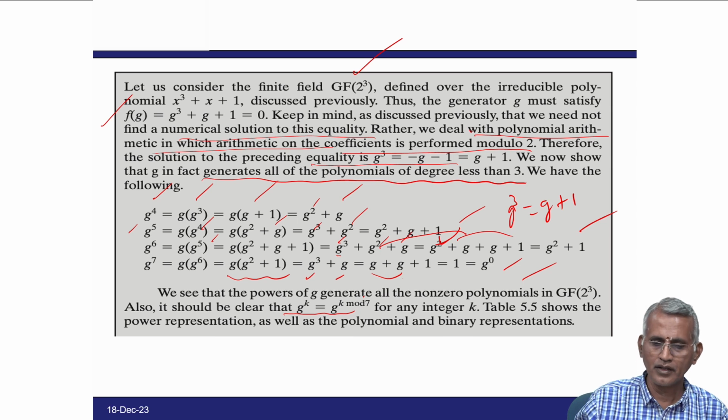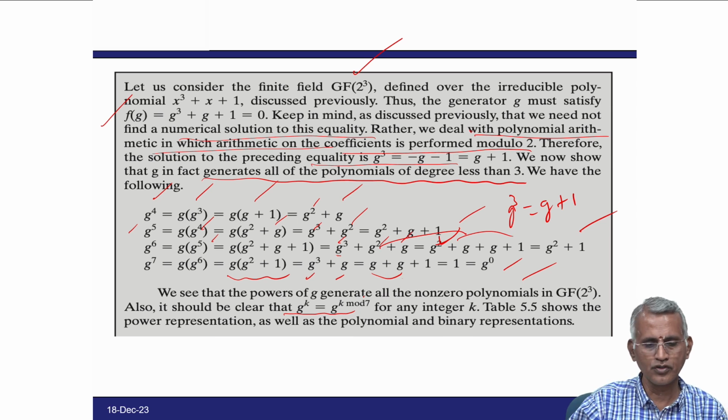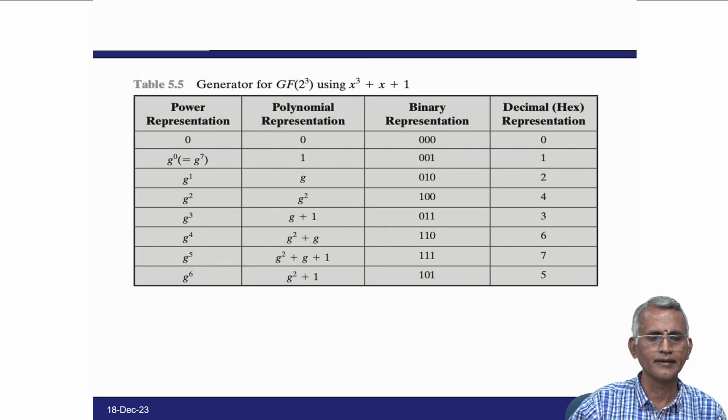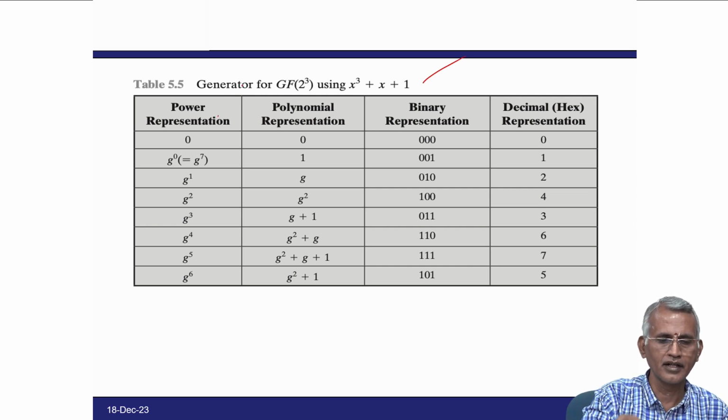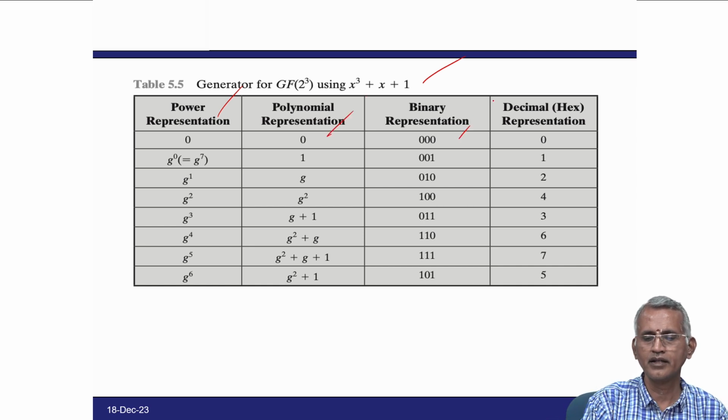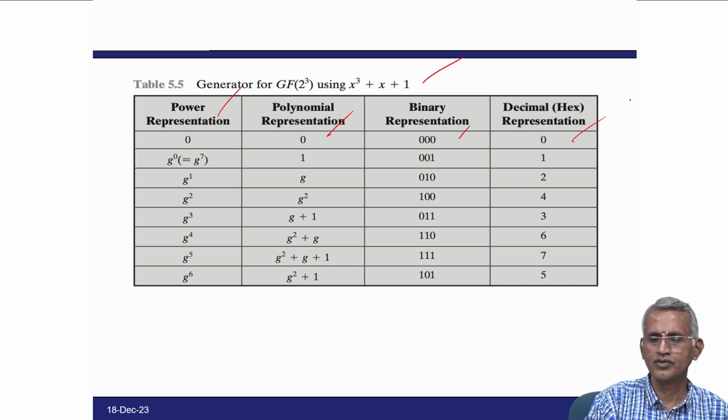integer k. Therefore, table 5 shows the power representation as well as the polynomial and binary representation of the Galois field with x cube plus x plus 1. The power generation is first 0, the polynomial is 0 and the corresponding binary representation is 0 and decimal representation is 0. g naught means g power 7, because it is GF of 2 power 3.